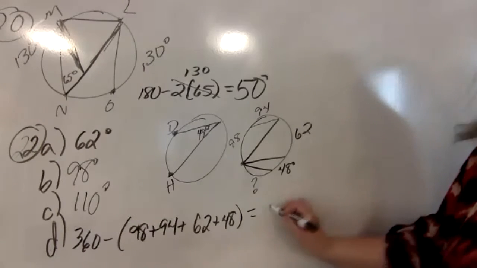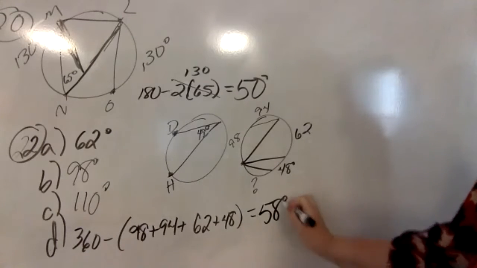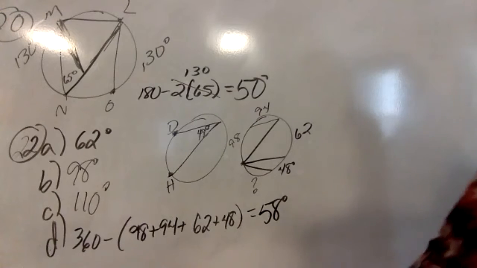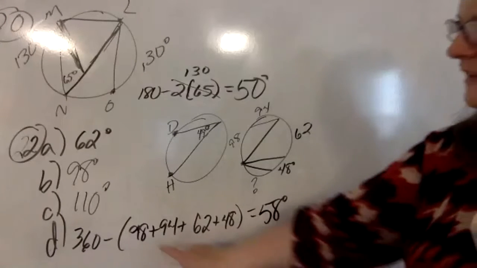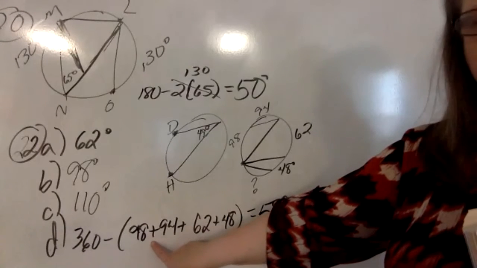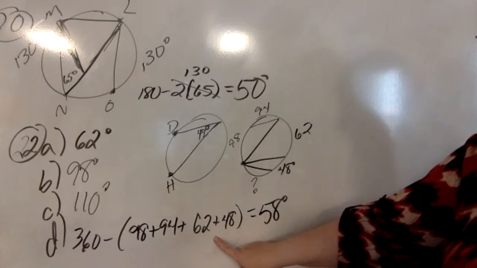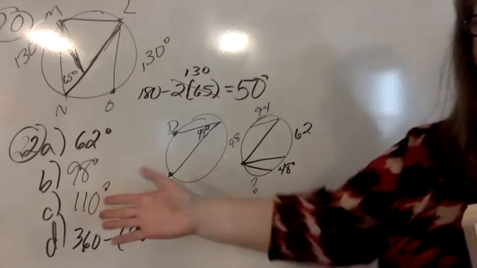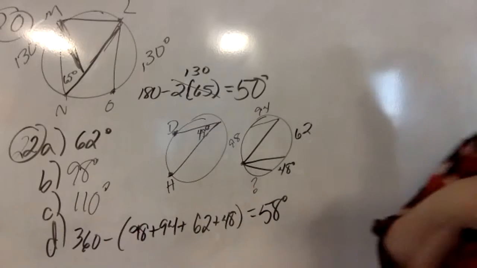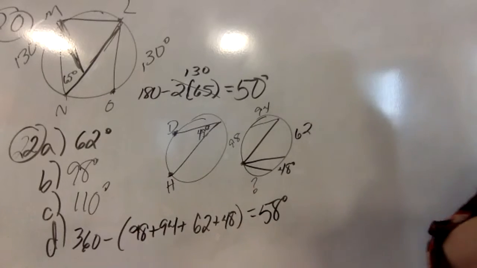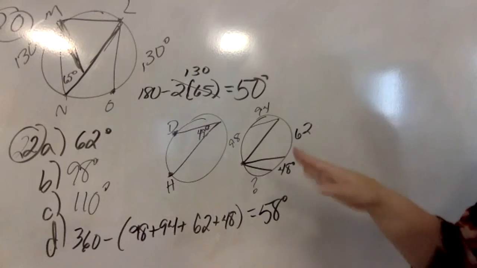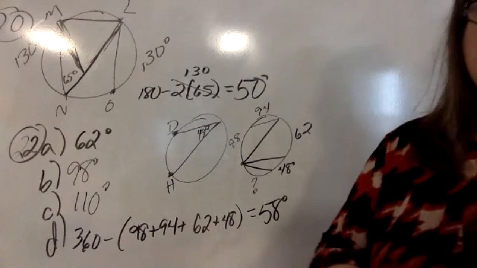Okay, 58 sounds much better. Thank you. You add all these together. These two added together are like 192. These two added together are like 110, and then you subtract it from the 360, so you get 58 degrees. Because your entire circle always adds to 360.